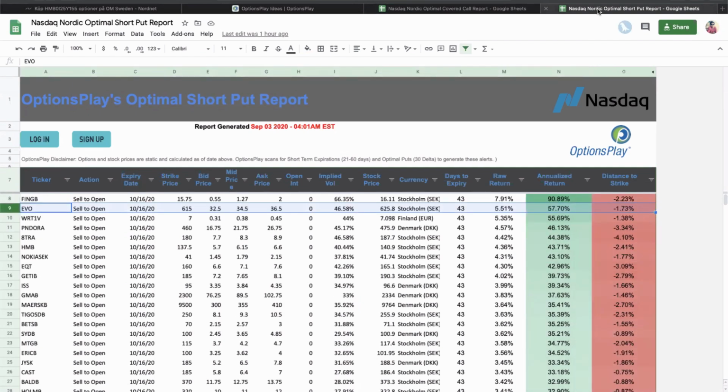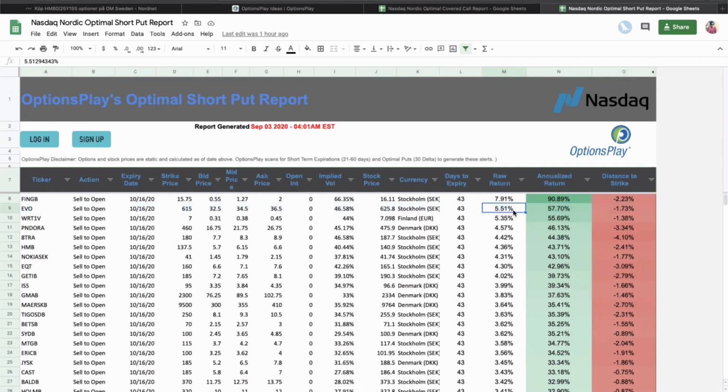And for those of you that like selling cash secured puts, and if you're brand new to this strategy, I highly recommend you learn a little bit more about cash secured puts, because this strategy allows you to potentially purchase a stock at a significant discount. So when we look at a stock like Evo, as you can see, this stock's currently trading at about 625 crowns, but you can sell an October 615 put.